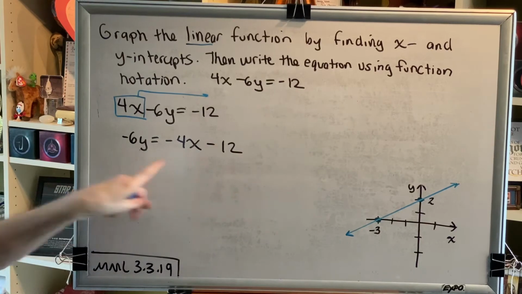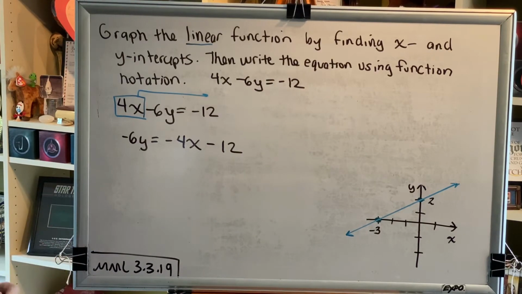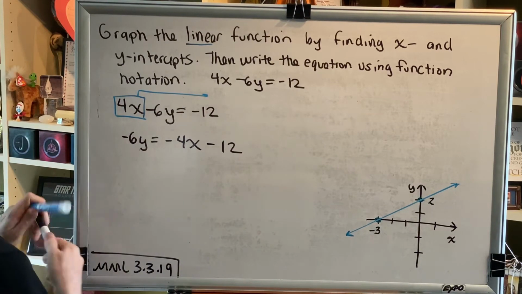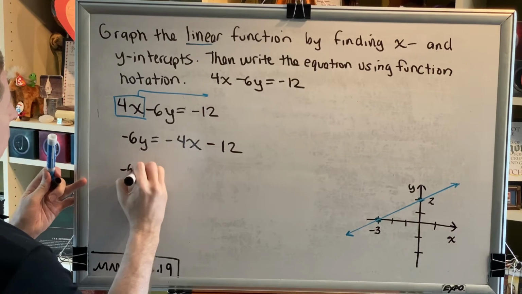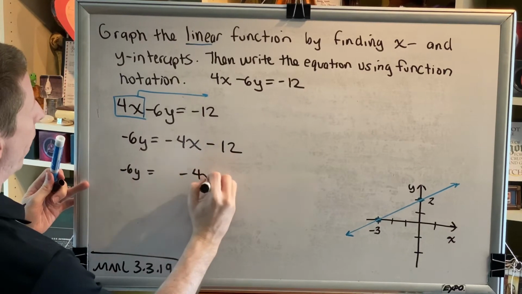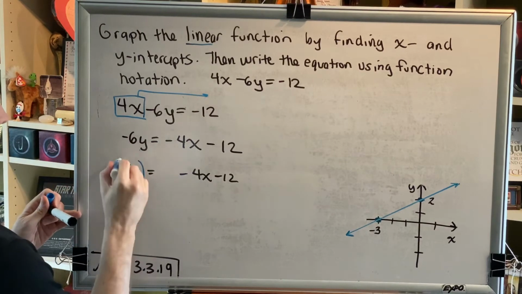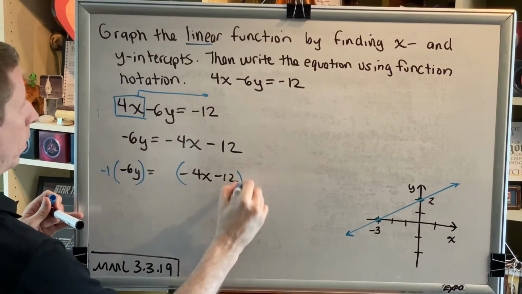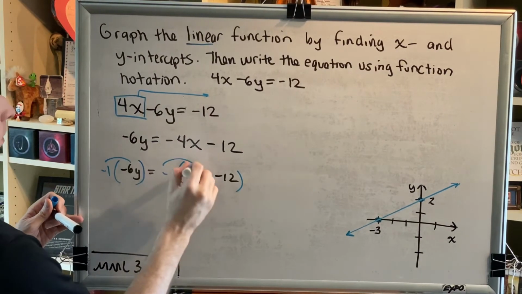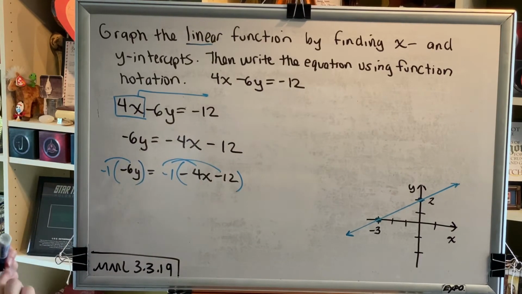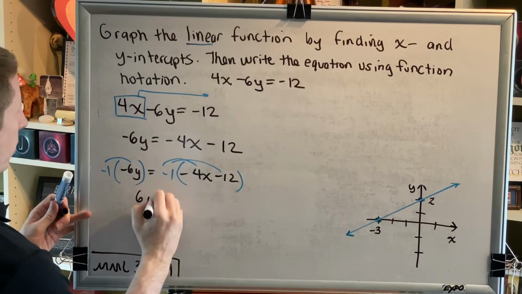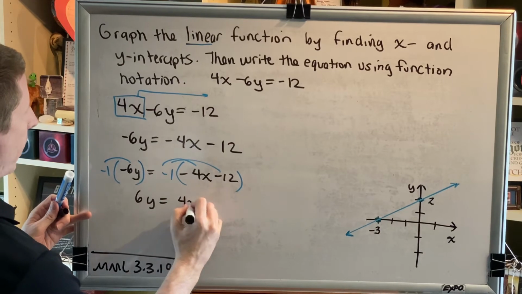Notice that all terms in the equation are negative. So if I multiply both sides by negative 1, all the negatives become positive. Alright, so now my new equation is 6y equals 4x plus 12.